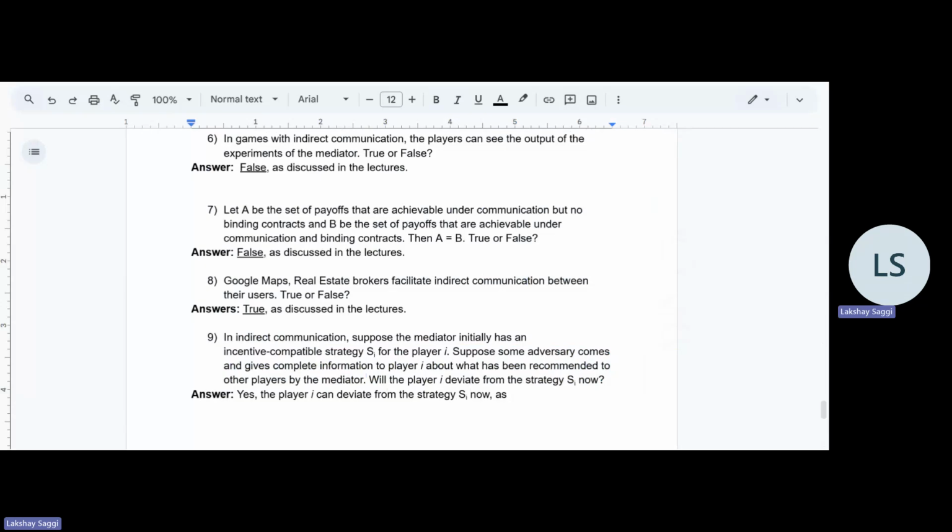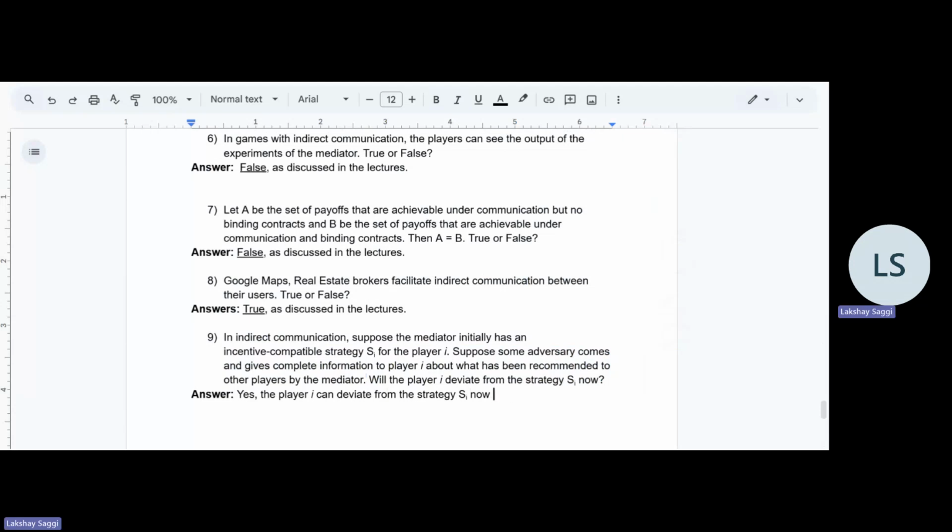So now he can precisely formulate a strategy which maximizes his utility with respect to what has been recommended to other players. Previously he could only optimize with respect to those guesses, but now he knows precisely, and so he'll find a strategy with respect to this updated information.